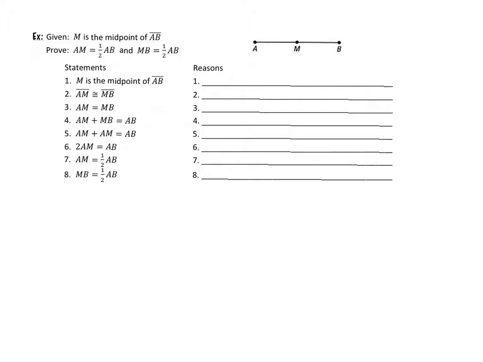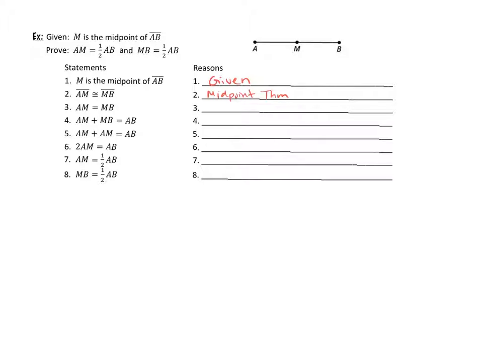One more example. We are given that M is the midpoint of segment AB, and we are going to use the midpoint theorem from chapter 1 to make statement 2, which says that when M is the midpoint, the two segments must be congruent.